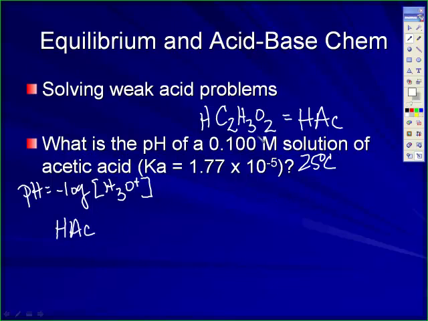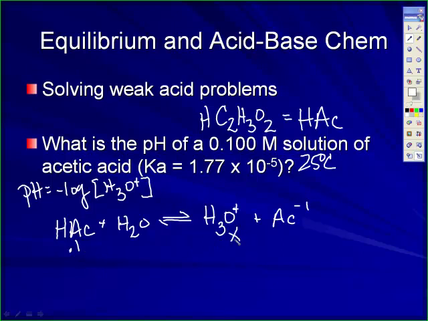So when acetic acid reacts with water, it is going to become, to a very small extent, H3O plus, and the rest of the acetic acid molecule with a negative 1 charge. Now, if this is 0.1, with a strong acid, we could have said this is 0.1, but we can't. We can't say how much this is right now. All we know is that it's some amount, but it's less than 0.1.